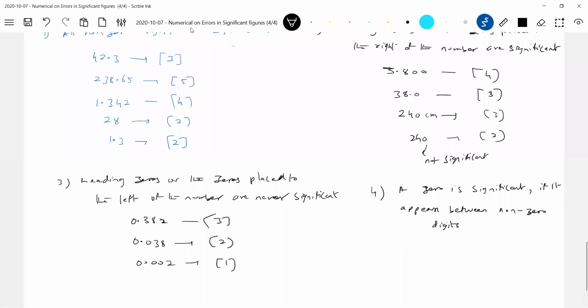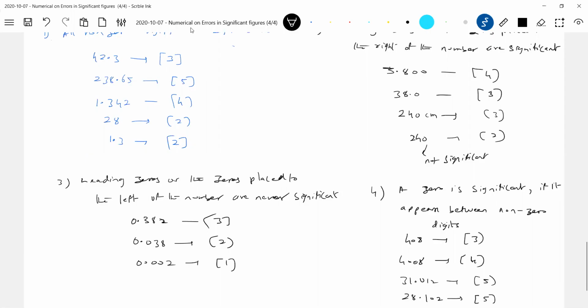So now 408, 3 are there. Now 44008, 4 are there. 31.012, the 0 is significant. Then 28.102, this will be significant. I think I'm showing almost all the cases. A 0 is significant if it appears between non-zero digits.